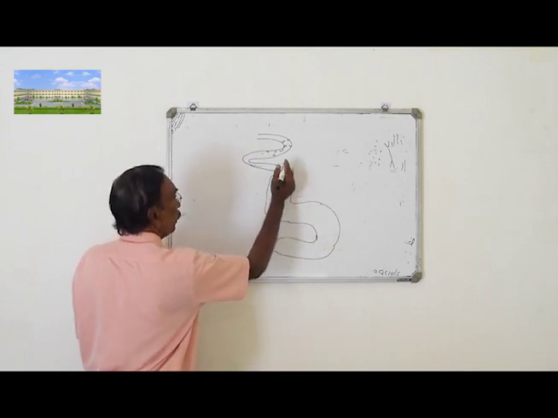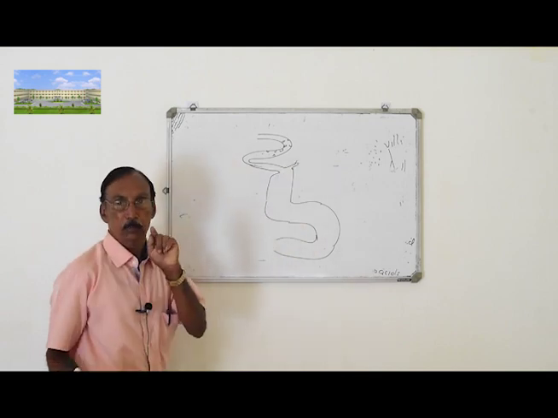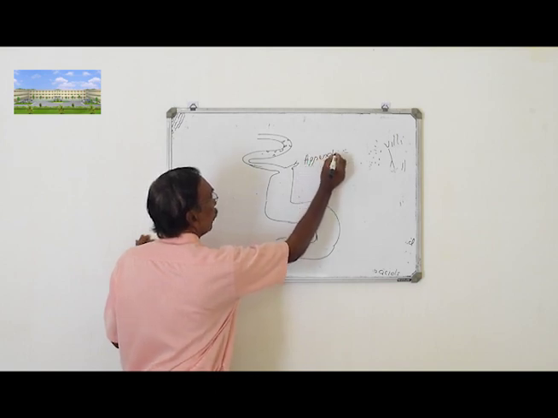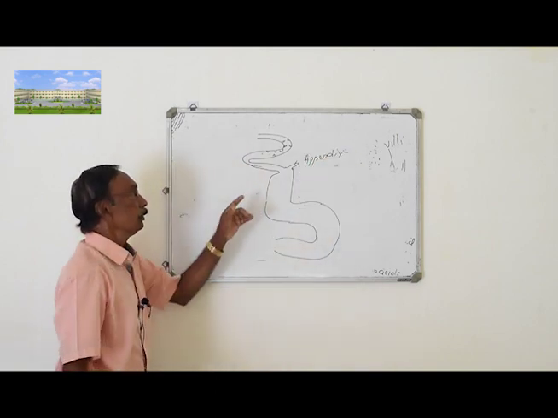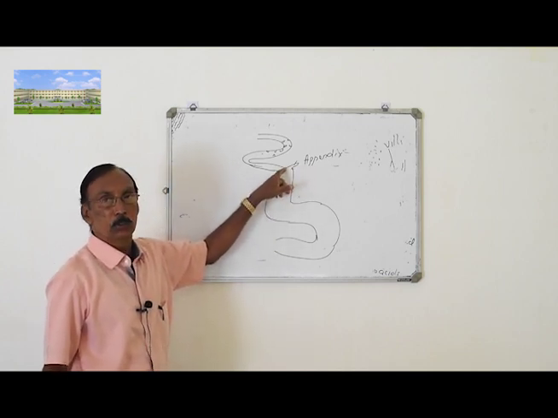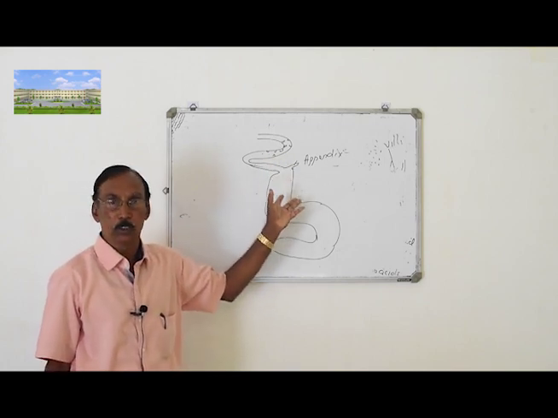At the place where the small intestine joins the large intestine, there is a small finger-shaped structure called the appendix. There is a disease called appendicitis, and if something happens to the appendix, you will get appendicitis. No special function for this one.